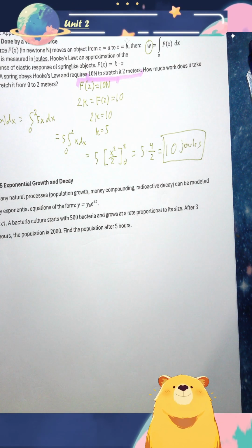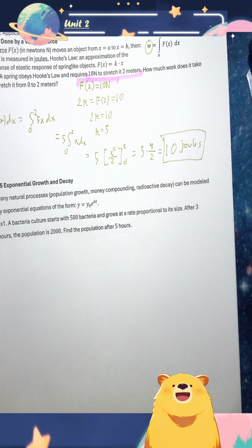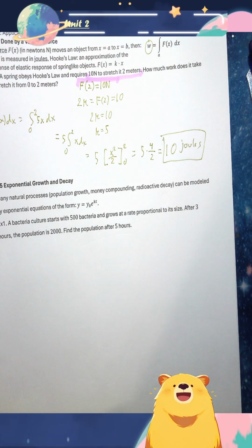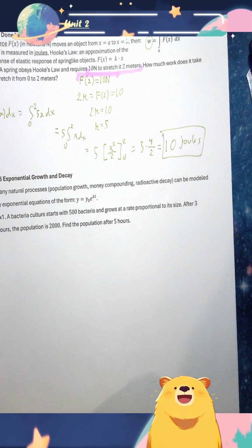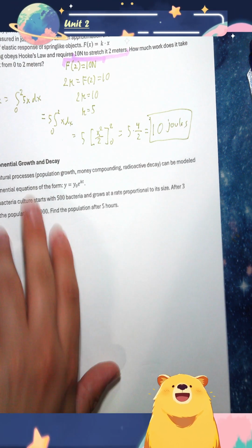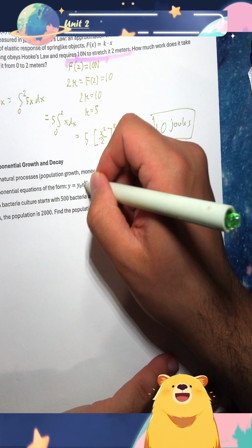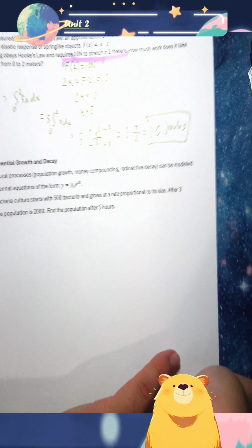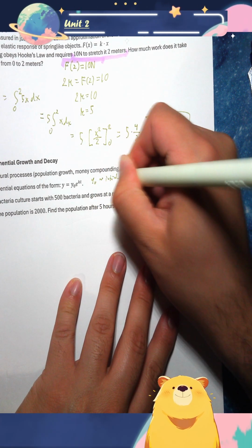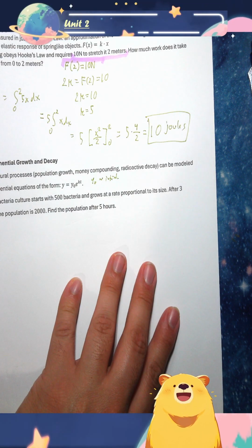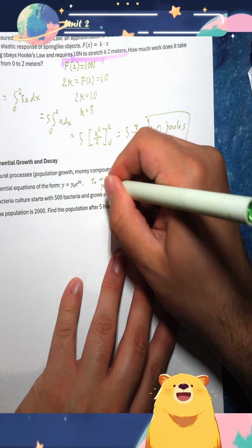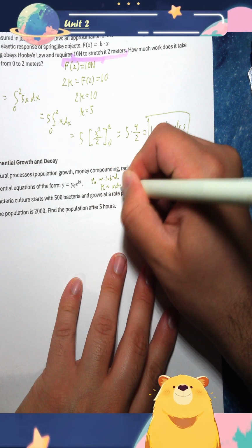All right, so let's move forward to 2.5, exponential growth and decay. Many natural processes, population growth, compound money, radioactive decay, can be modeled by exponential equations of the form y is equal to y0 e to the kt, where y0 is our initial amount, because technically it could be used for anything, and k is our rate.